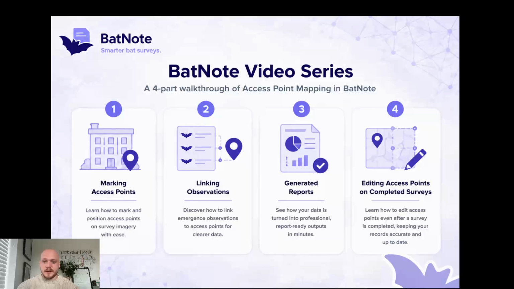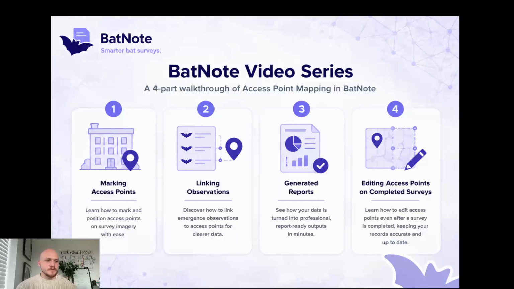Now in this final part, we're going to be looking at how to edit access points on a completed survey. So yeah, this was a big one. When I was developing this feature, one bit of feedback I had from an ecologist was that it needs to be possible for BatNote to allow a completed survey to be editable, so an ecologist can go back, add new access points or edit observations, make changes to the completed survey, and then have the report regenerated to show the updated information.